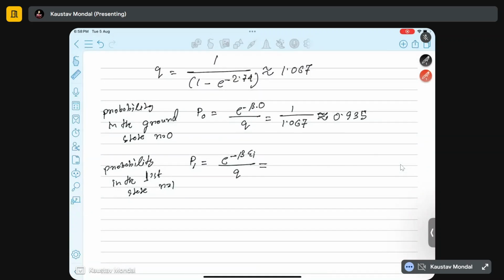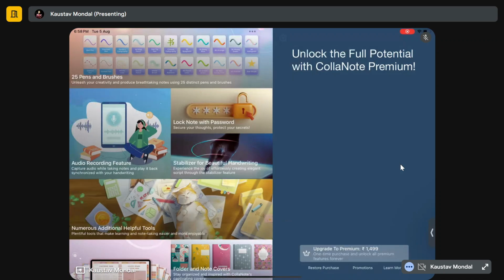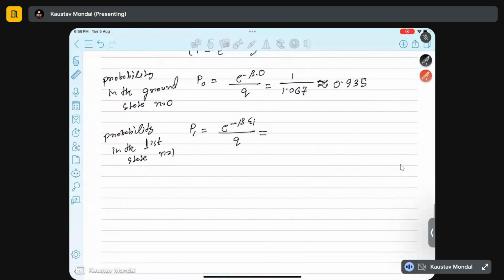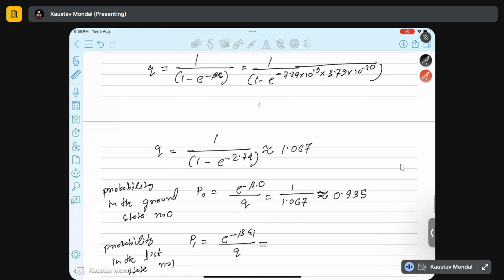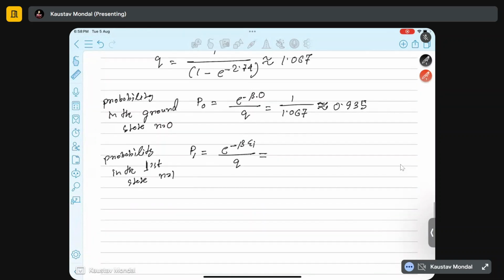E1 is simply epsilon. Beta, you already know, is 2.74. So e to the power minus 2.74. Q, we know, is 1.067.